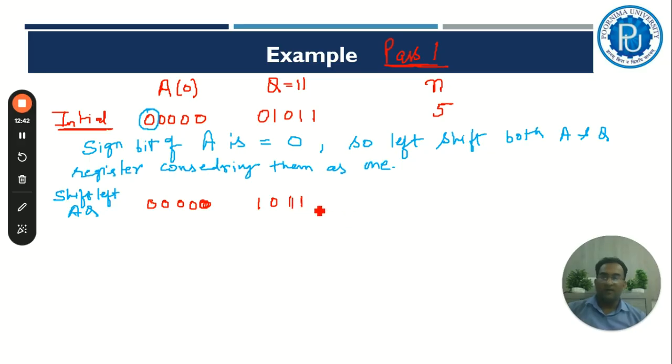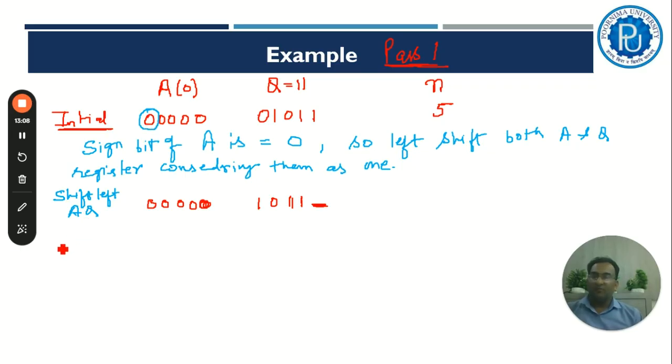And as of now, the 0th index of the Q will be left blank. This value will be decided on the basis of the operation and the value which we get in the accumulator.